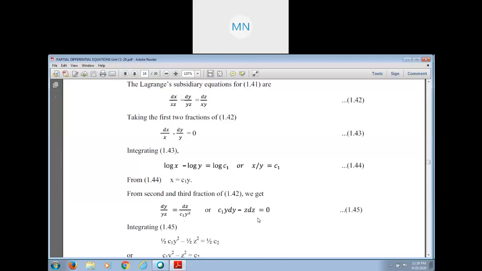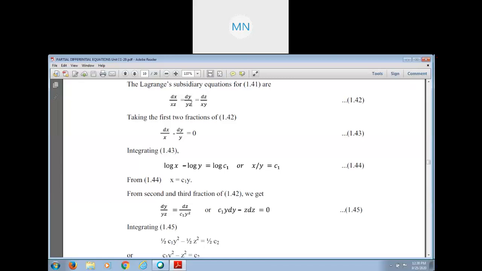Here we do not consider dx by xy, because this one is dz, not dx. So you have to eliminate x. Here also, in dy by yz, we are trying to eliminate the z term, because here this one is dy, not dz.